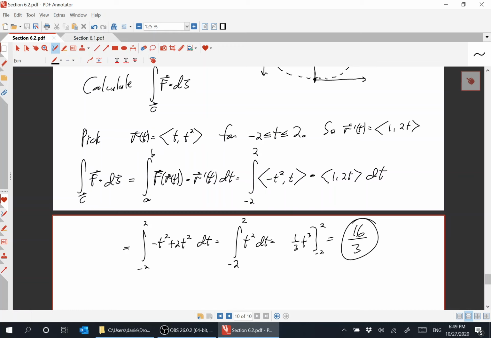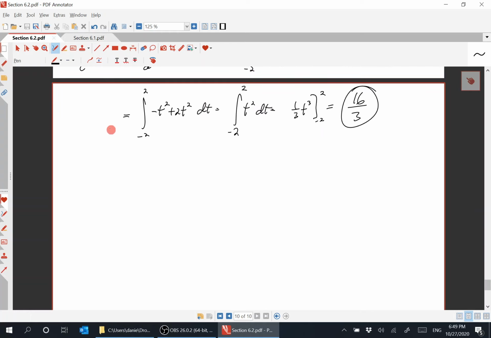Here's an alternative notation. I don't like to use it, but the book uses it and other people use it.